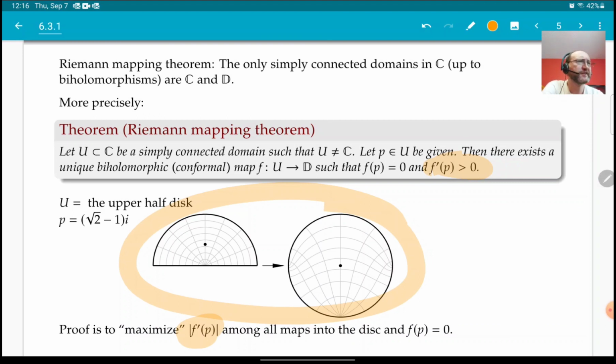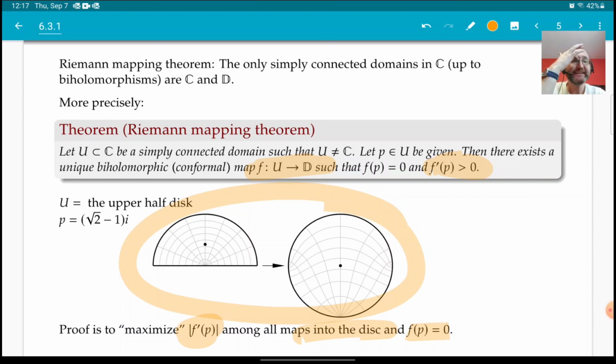So we're just going to first try to maximize the modulus of f prime at P, among all the maps that go into the disk and take P to 0. And the maximal one, which we're going to get by Montel, is this one. Well, we have to prove that that's what it is, but that's the idea.